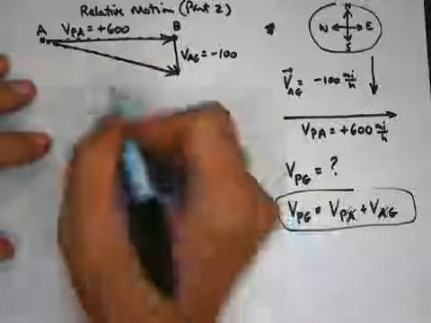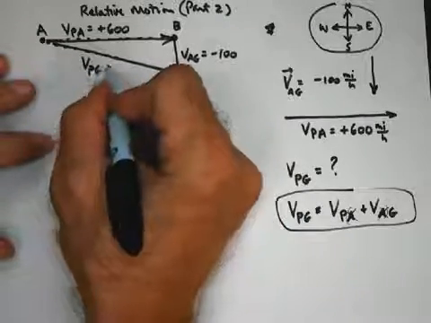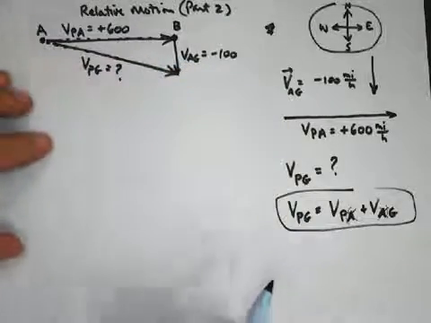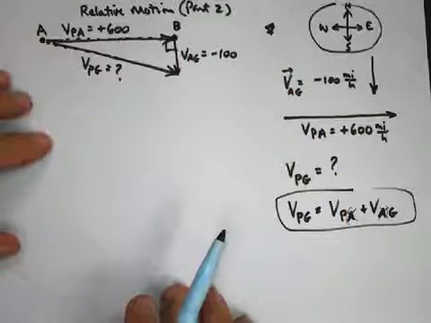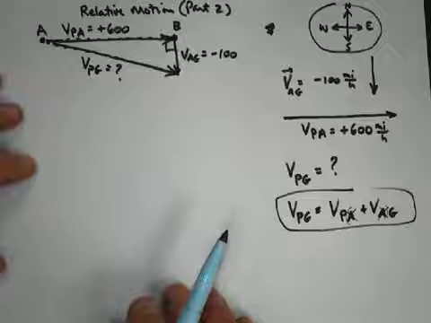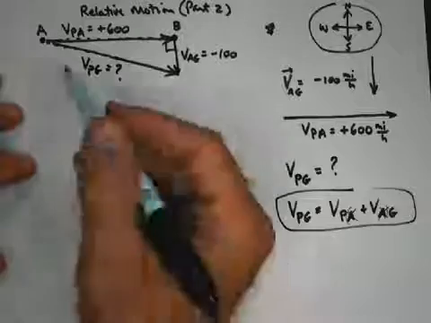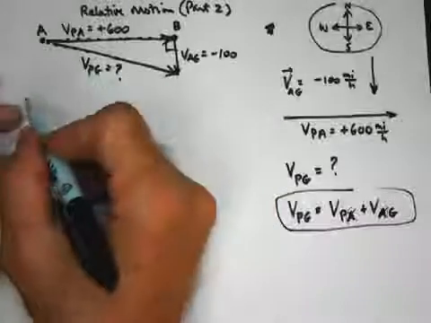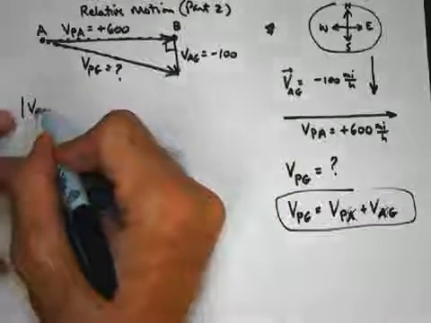Well, this is a right angle. This is just your typical vector addition problem that we've done in the past. No problem. If we want to find the magnitude of the velocity of the plane with respect to the ground, we can use the Pythagorean theorem.